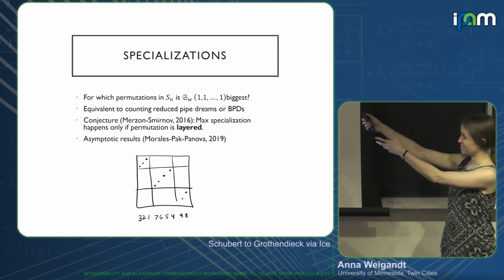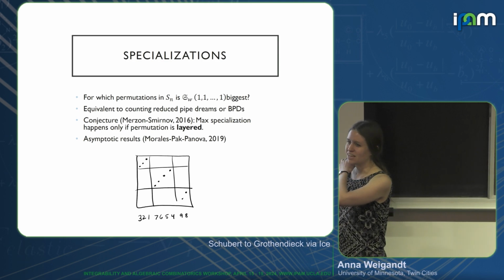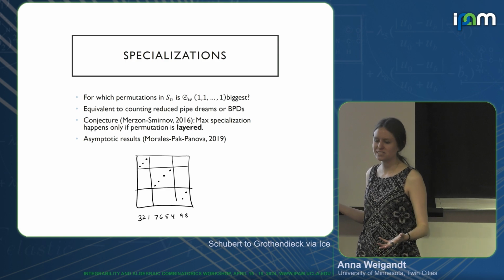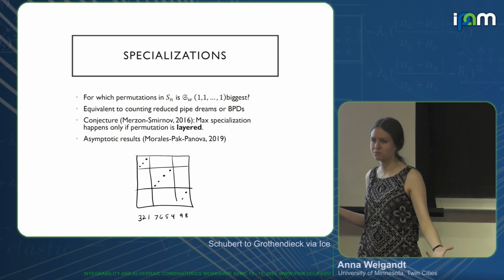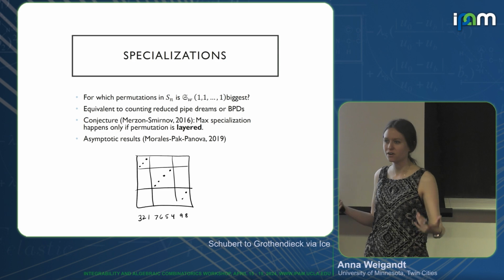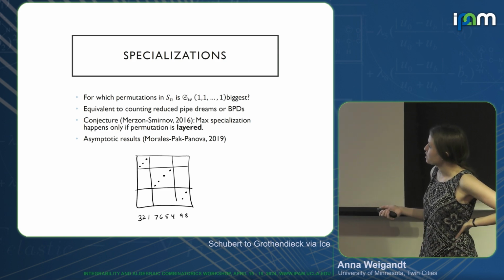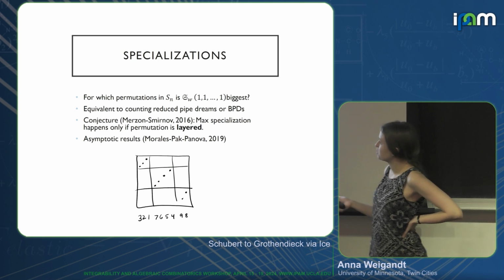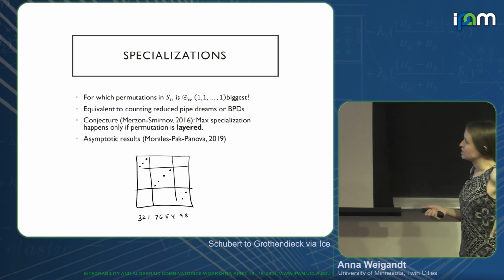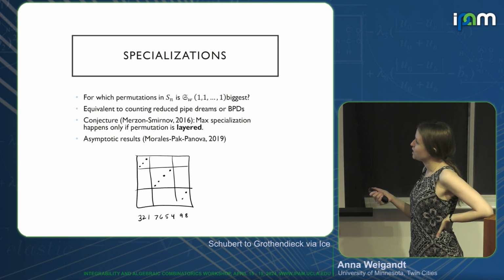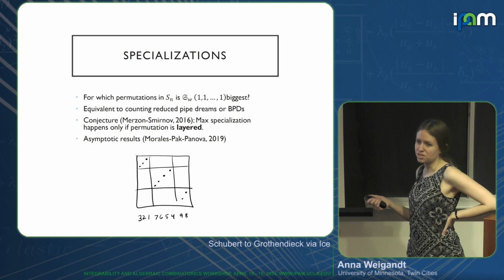So there's also the question of specializations. If you plug all ones into your Schubert polynomial, it's saying how many reduced bumpless pipe dreams or reduced pipe dreams are there for that Schubert polynomial. And there's a conjecture of Merzon-Smirnov that says this value over permutations in Sn is biggest on layered permutations.